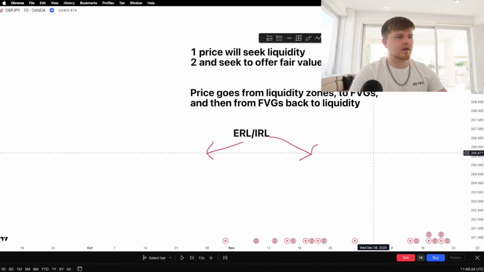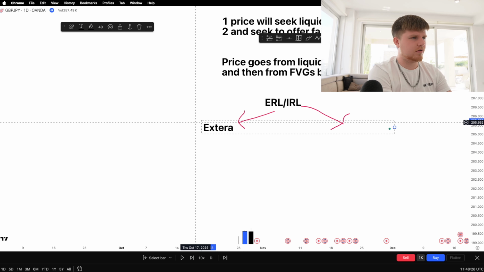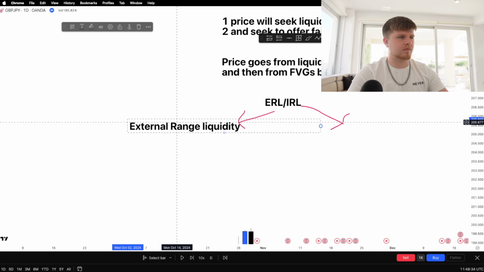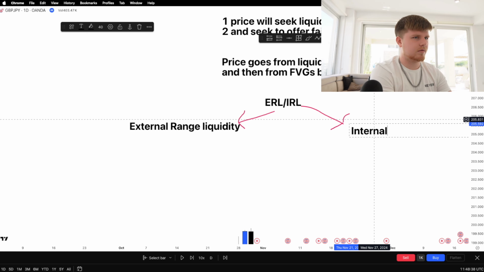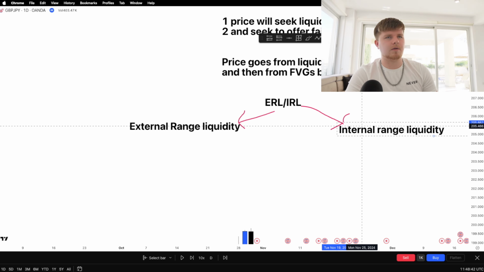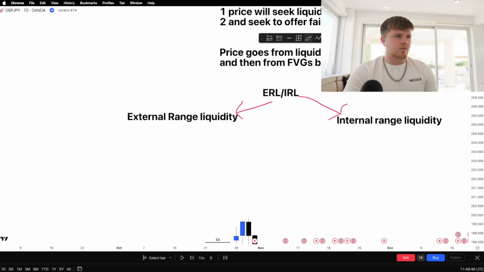Okay, now we don't really need to touch too much on this because we've just gone through it, but external range liquidity, internal range liquidity. Okay. Simple as that. What is external range?